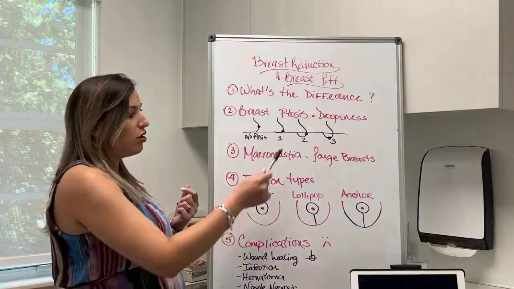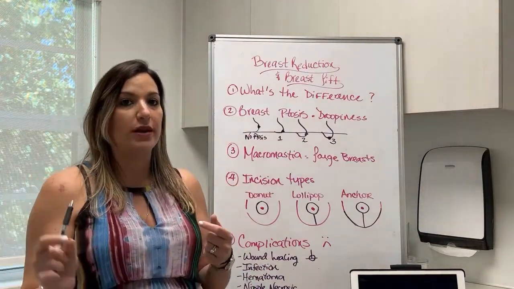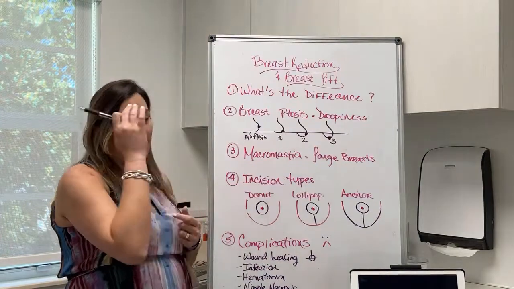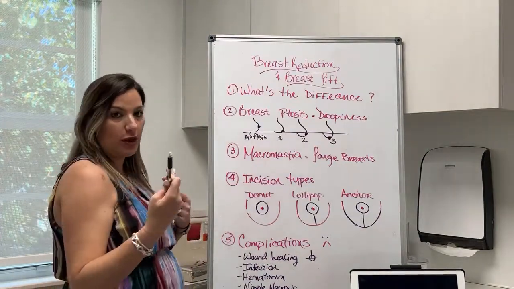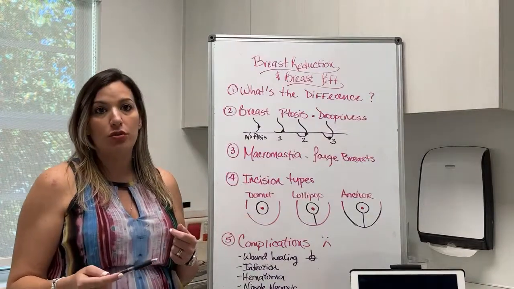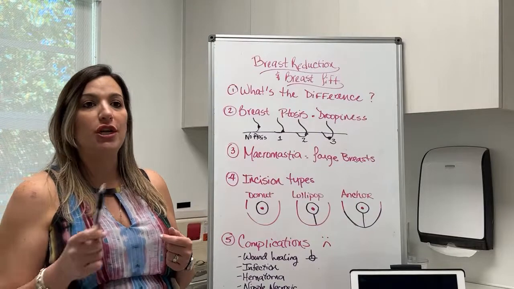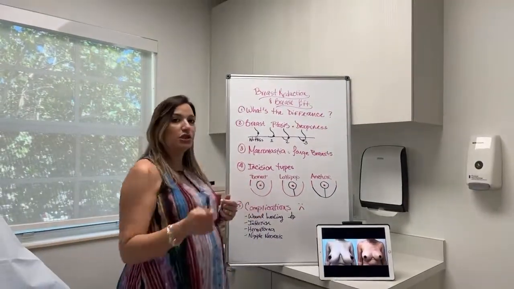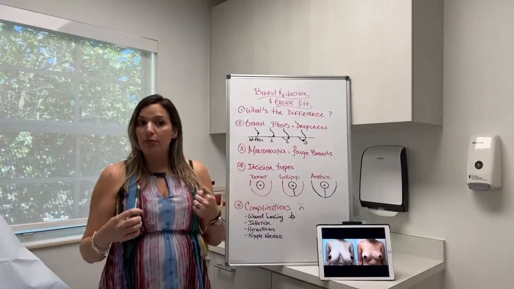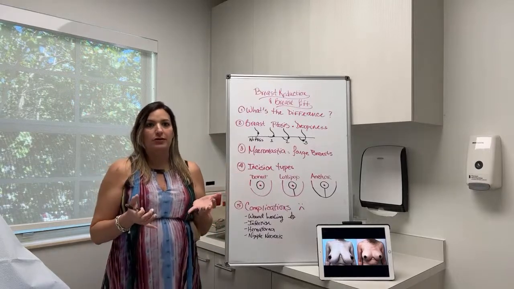So patients that are a grade 1 ptosis, very minimal degree of ptosis or droopiness, where the nipple is at the level of the fold if you're looking at yourself in a side view, they're candidates for a donut lift. The donut lift itself will improve the shape and the position of the areola in the breast, but not that much the shape of the entire breast, okay?